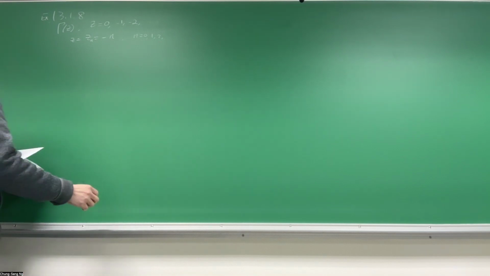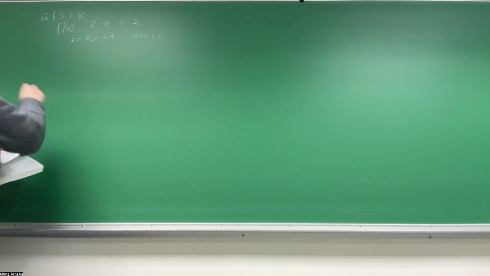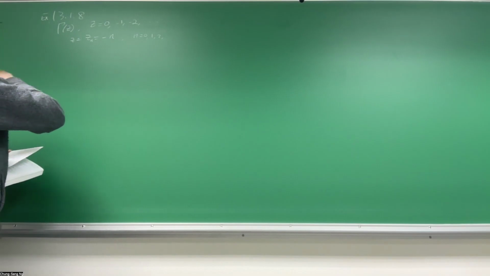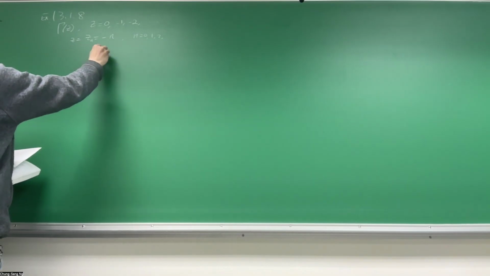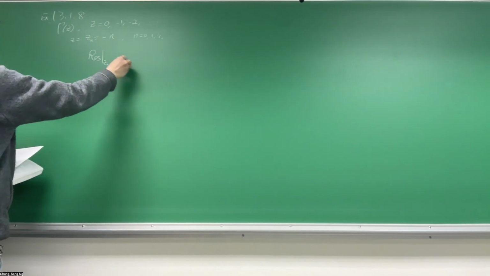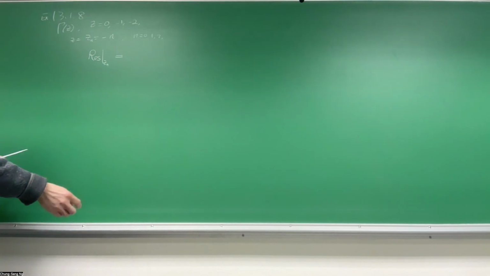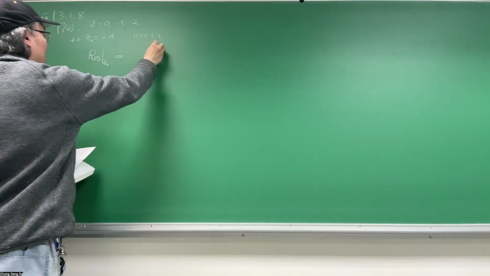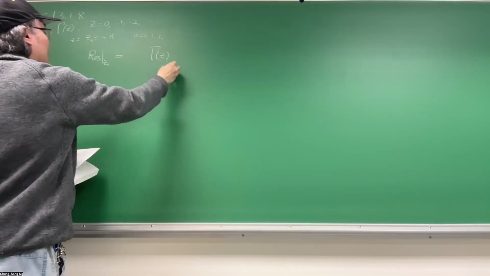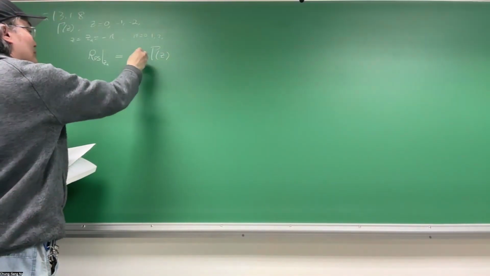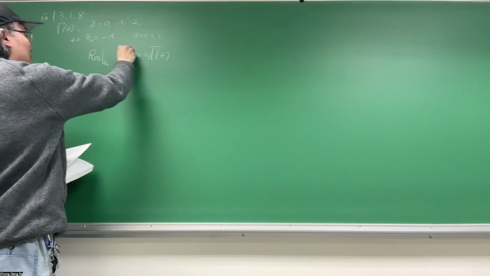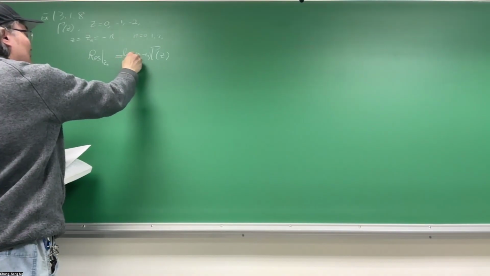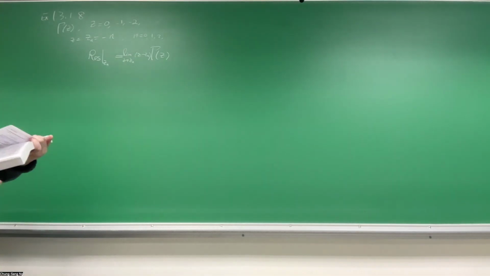And the idea to calculate the residue at z sub n is basically to take the function, gamma z, and multiply by z minus z sub n, assuming it's a simple pole. Then finally take the limit of z goes to z sub n. That's how you evaluate the residue at a simple pole.